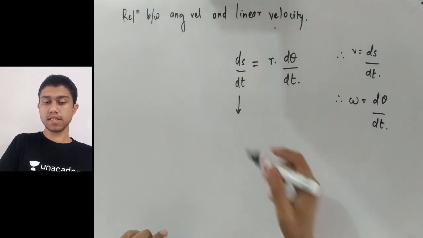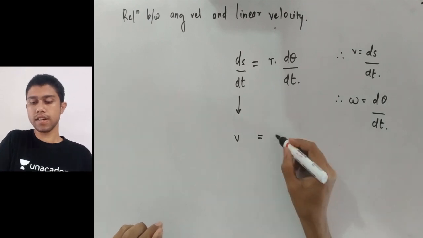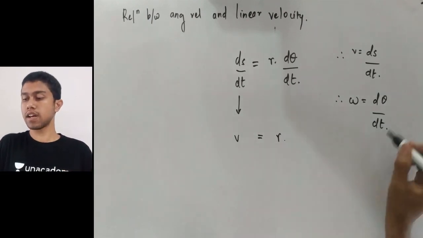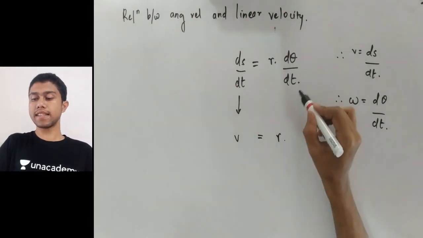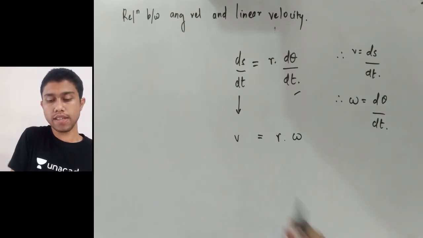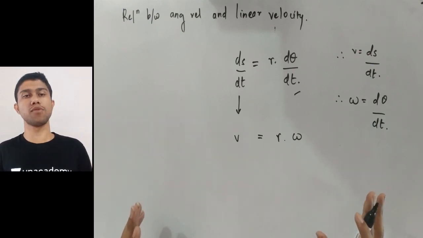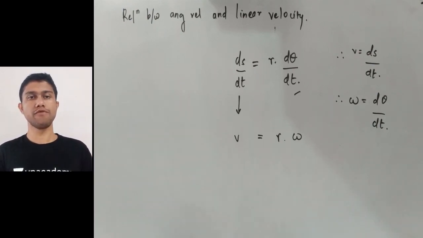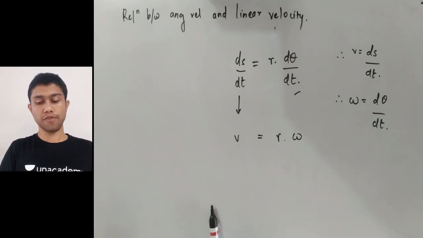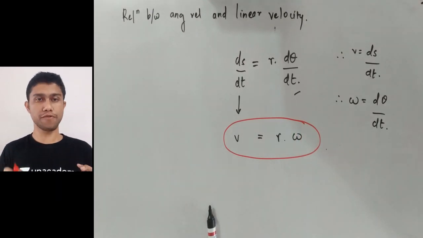So I'll replace ds by dt with v, r remains constant, and d theta by dt is replaced by omega. Understood? So the formula is v is equal to r into omega. This is a simple scalar formula, it's not a vector formula. We will go on to find the vector expression. This formula is very, very important from the numerical point of view.